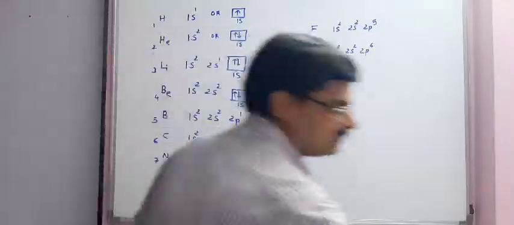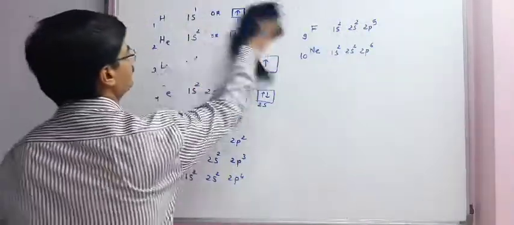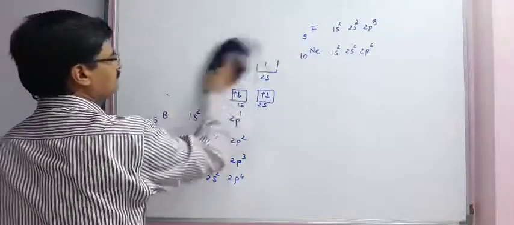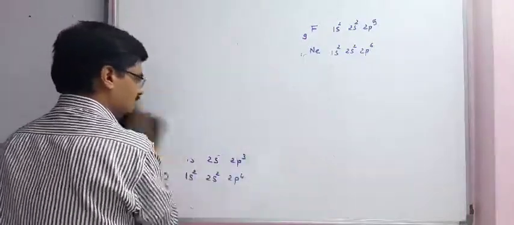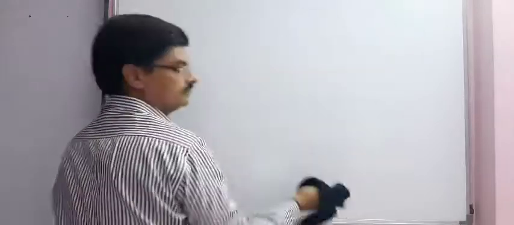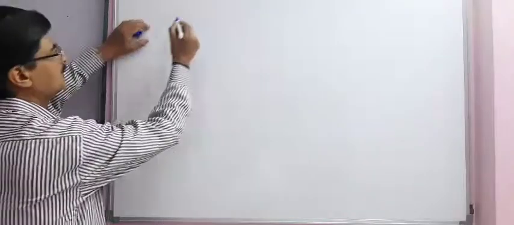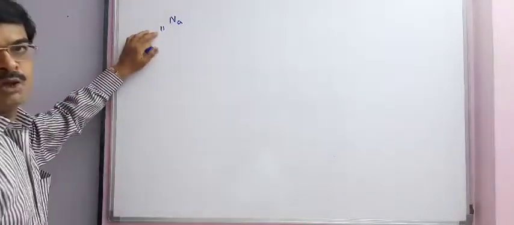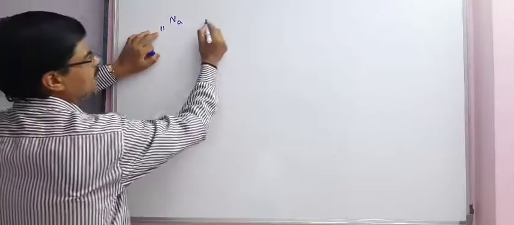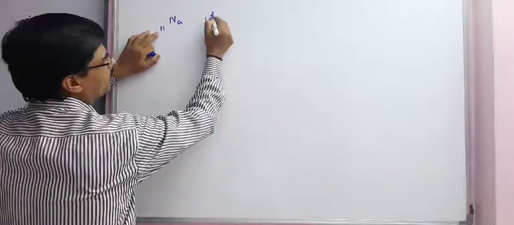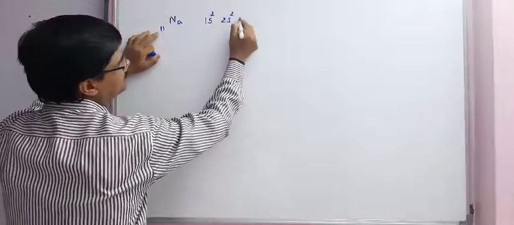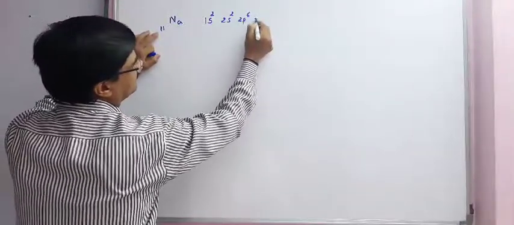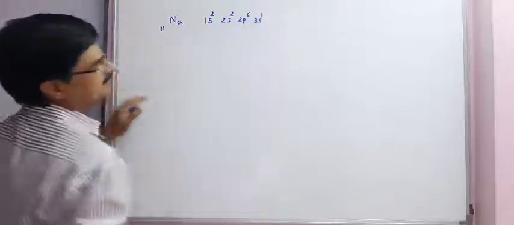Now after this, sodium. The atomic number of sodium is 11, so we can write the electronic configuration 1s2, 2s2, 2p6 and 3s1.